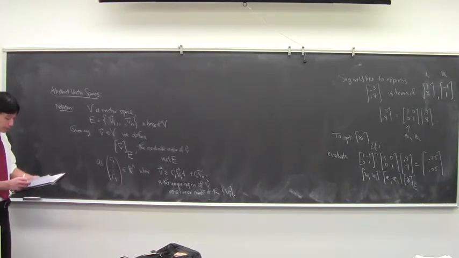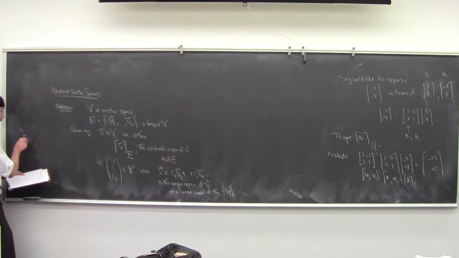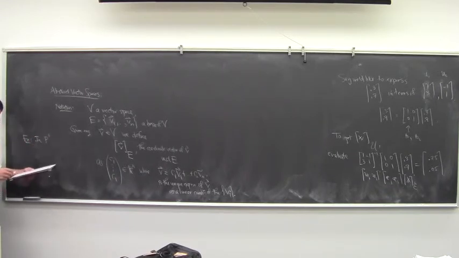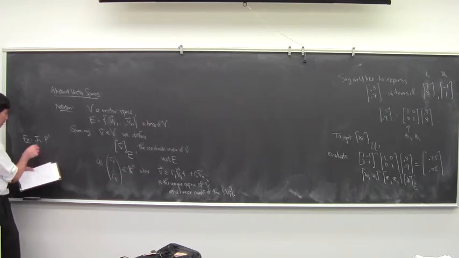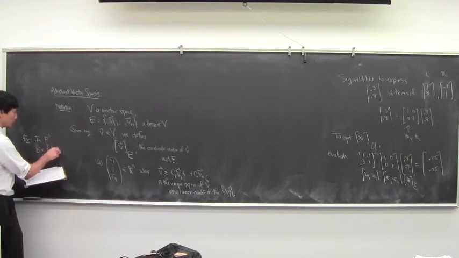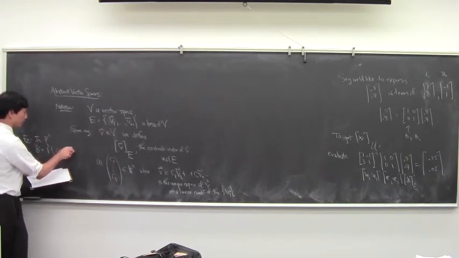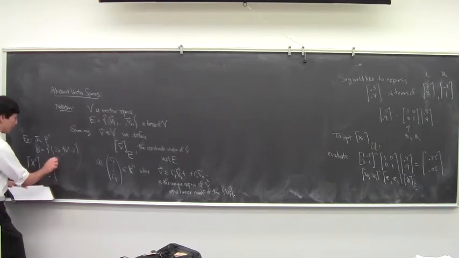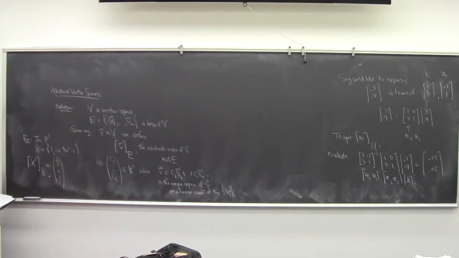Okay. So just to give you one example, if we are in P3, remember, the polynomials of degree less than 3, and you have some basis, the basis being, say, 1, 2x, 4x squared minus 2. Then x squared with respect to the basis B is (1/2, 0, 1/4).